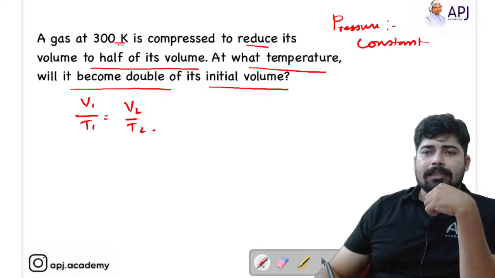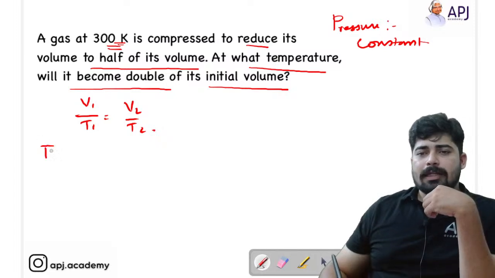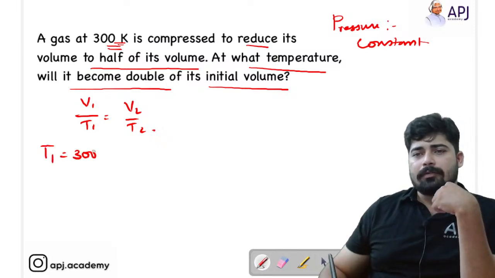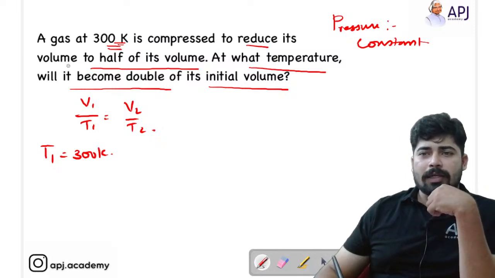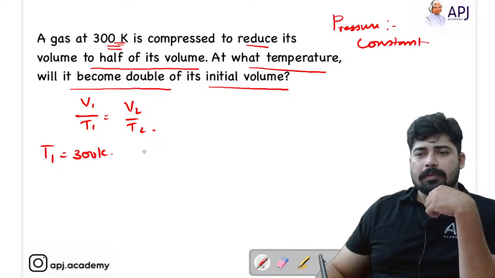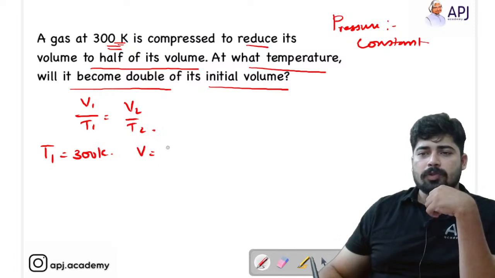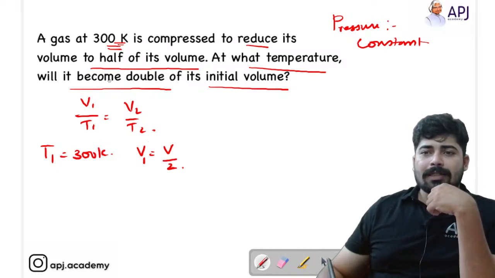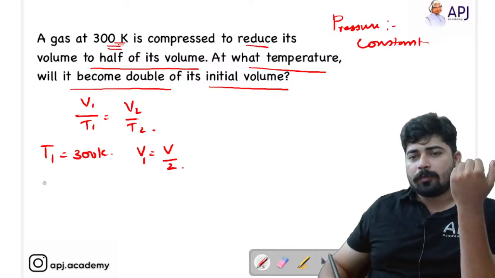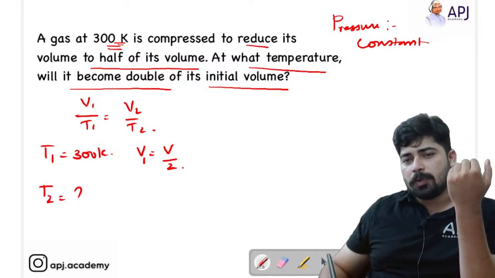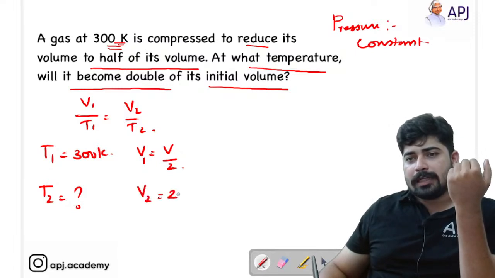Now at T1 temperature, let's take T1 equal to 300 Kelvin, the gas is compressed to reduce its volume to half of its volume. That means the volume has been reduced, let's take V1 equal to V by 2. At what temperature will it become double of its initial volume? I have to find out the temperature T2 so that the volume will become double of the initial volume.